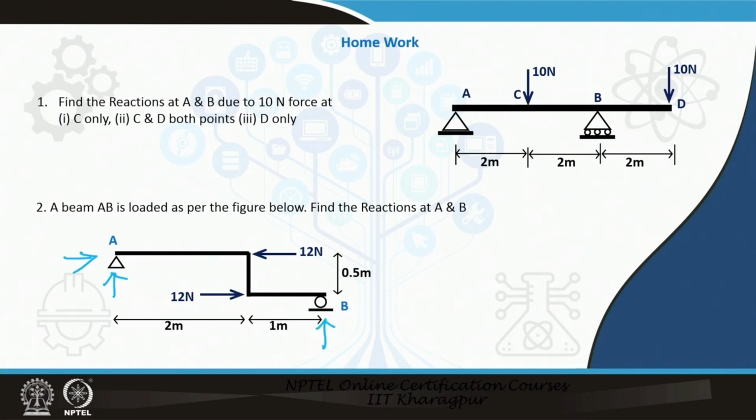So you have 3 unknowns over here, and we have 3 equations also: sigma F x equal to 0, sigma F y equal to 0, and sigma M equal to 0. By virtue of the 3 equations, you have to find the 3 reactions at A and B. That is the second homework for you, and that is all for today.